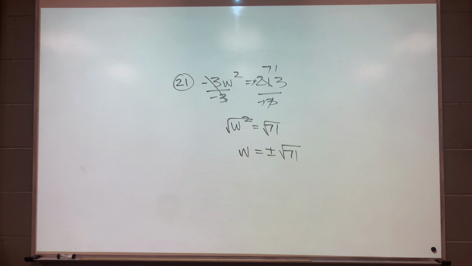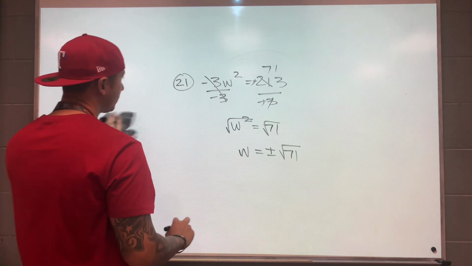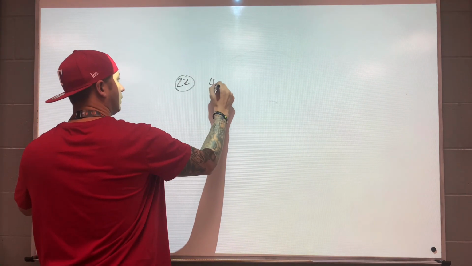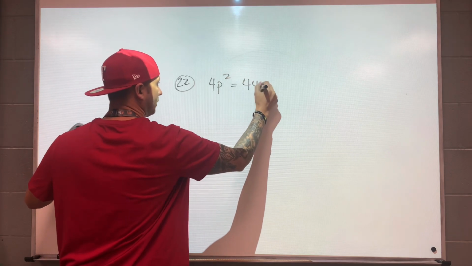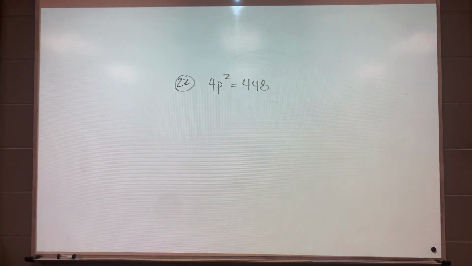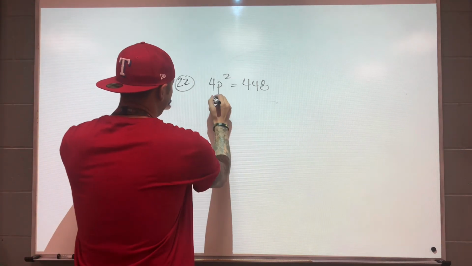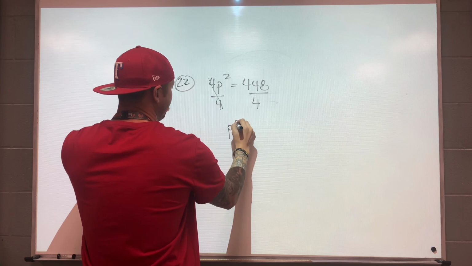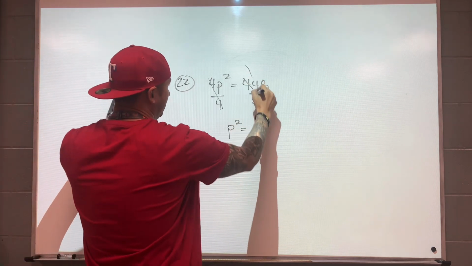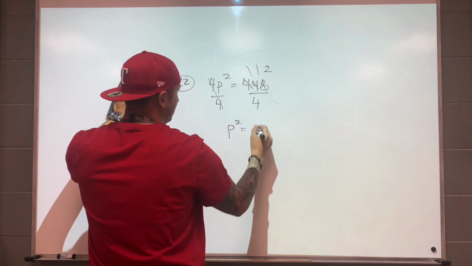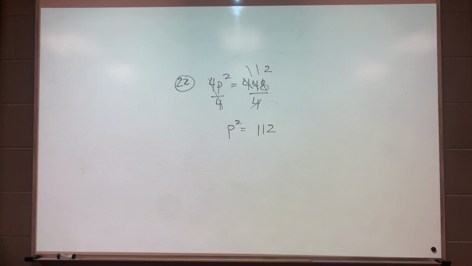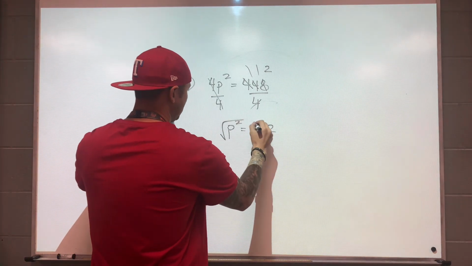What else? Number 22, 4p squared equals 448. I'm going to divide both sides by 4. So p squared, 4 goes into 4 once, 4 goes into 4 once, 4 goes into 8 twice. So 112. Take the square root.